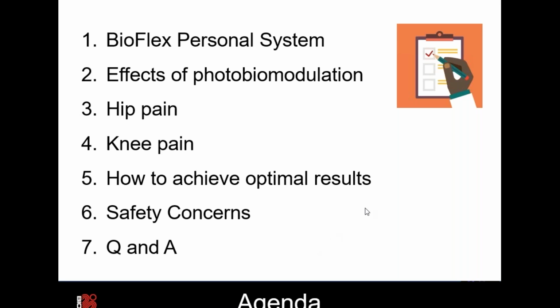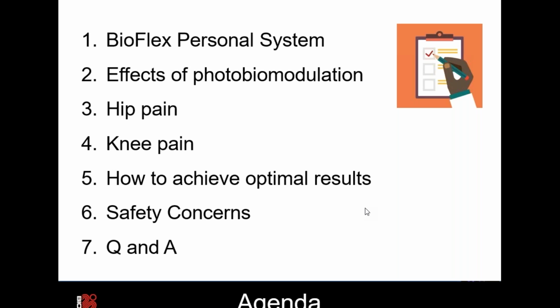So I'm going to just, again, as I always do with these webinars, just briefly go over the system itself and a little bit about photobiomodulation. And then I'll get right into hip pain, the causes of hip pain, and how you would use a system to treat hip pain. Same thing for knee pain as well.